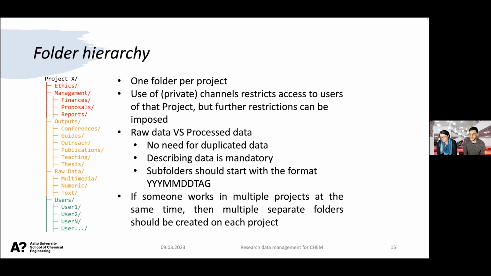This is just an example you can follow. What is important is to decide on a way of organizing, and everyone sticks to that organization. You also need to decide how you name your folders so everyone knows how to do it.